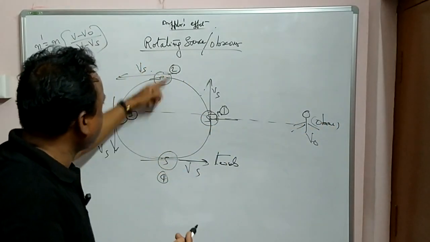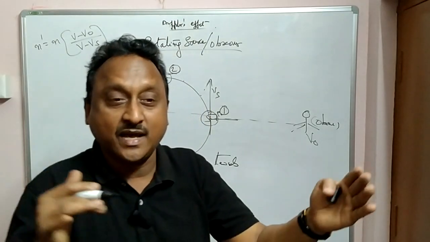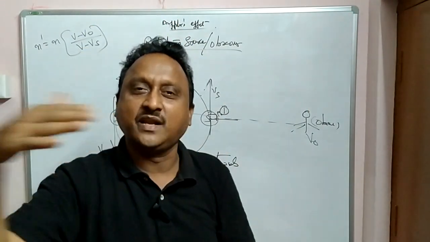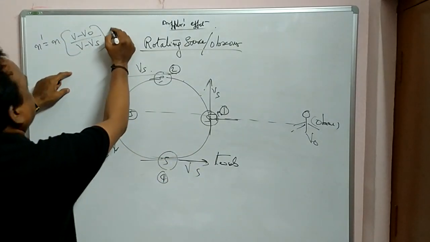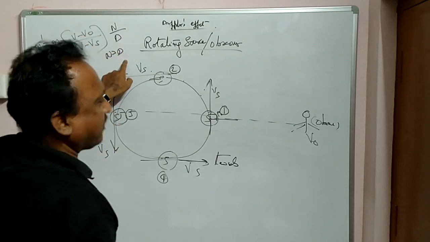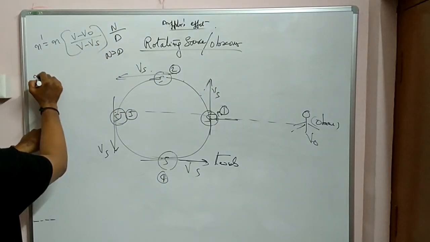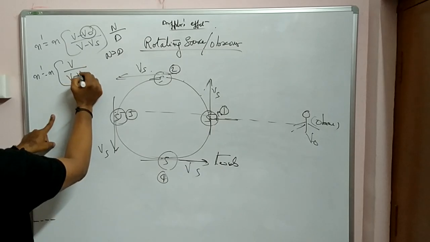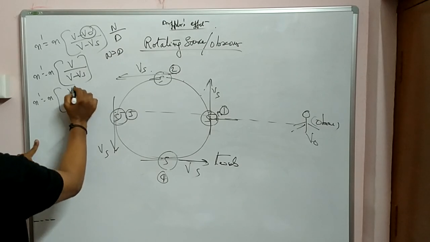So only in these two cases, 2 and 4, during the rotation of the source the value will be decreasing or increasing depending upon coming towards the observer. What happens when it comes towards the observer? It increases. When it goes away from the observer? It decreases. As I told you, the numerator and denominator technique can be applied here also. Numerator greater than denominator, more value. Denominator more, less value. That means when the source is going away from the observer, the value decreases. Same case again: n dash is equal to n into v by (v minus vs), and n dash is equal to n into v by (v plus vs).